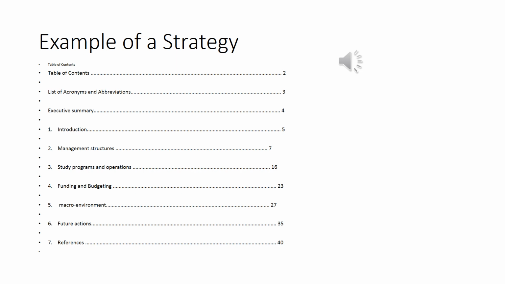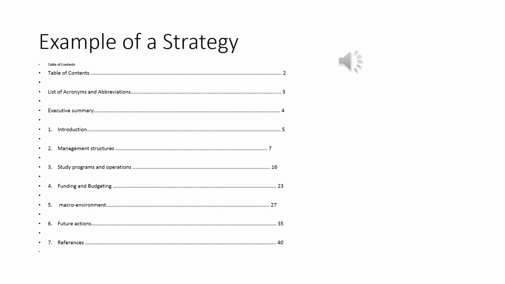Obviously, you will need a short introduction about your educational institution, its past, the present, and perhaps the agreements for the future. And then you start describing your management structures, where you will also put the organigram. Then, because this is a teaching and learning institution, you will need to cover the study programs and the operations.